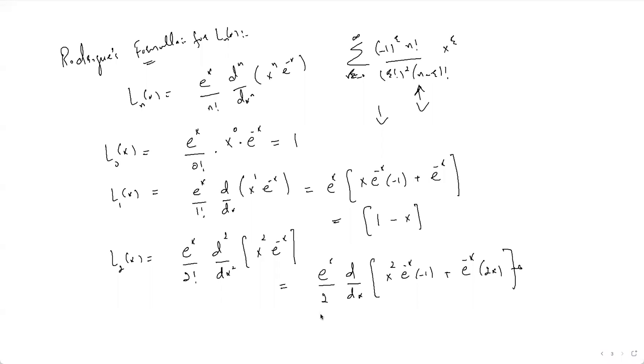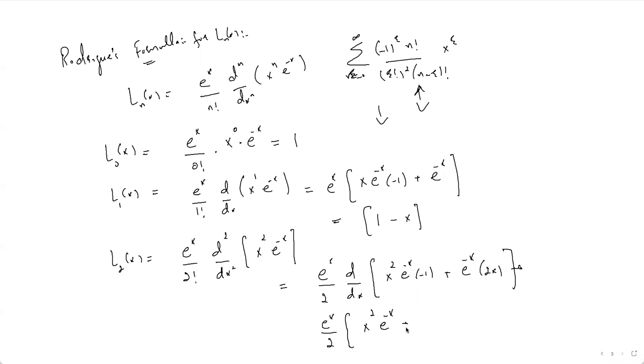Now taking the second derivative, I will write e to power x by 2 again as such. The second derivative: I will just write x square as such. Differentiation of e to power minus x is e to power minus x into minus 1, and minus 1 into minus 1 will make it plus.